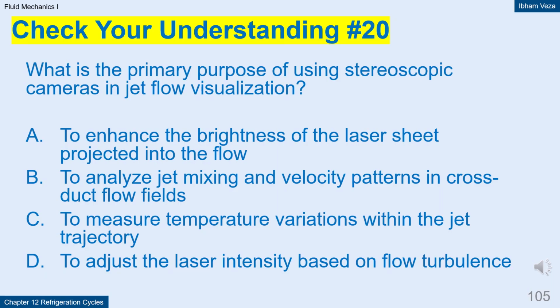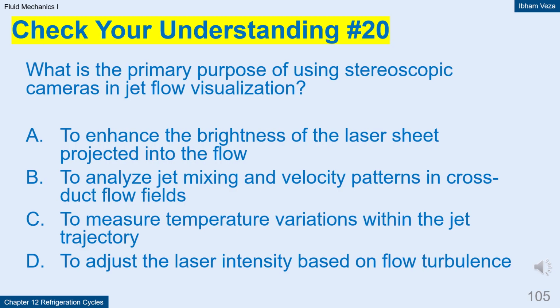Check your understanding number 20. What is the primary purpose of using stereoscopic cameras in jet flow visualization? B. To analyze jet mixing and velocity patterns in cross-duct flow fields. Explanation. A is incorrect because stereoscopic cameras do not affect the brightness of the laser sheet.